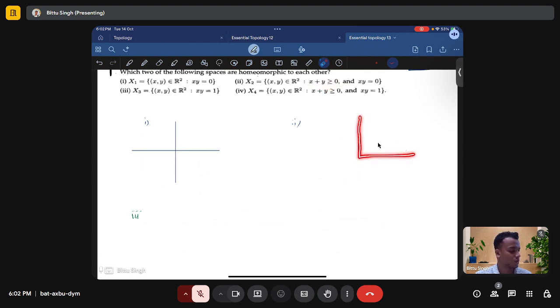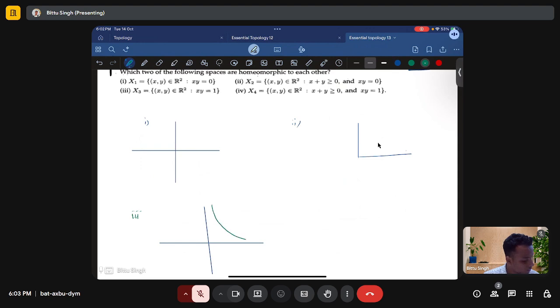So only this is the remaining thing. Now xy equal to 1, this is the rectangular hyperbola, and it can be given by those two portions. So I can remove this part, but it is okay.